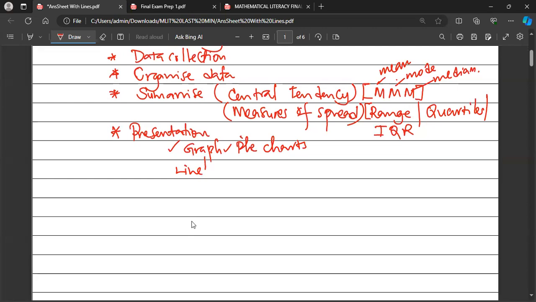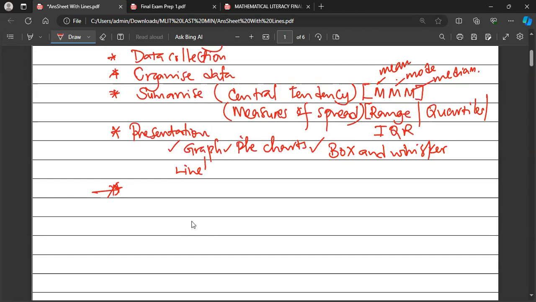Those are all graphs. Then we have the pie chart. Then, don't forget the box and whiskers. Then that is the data handling.